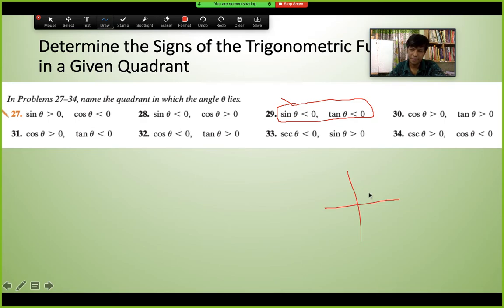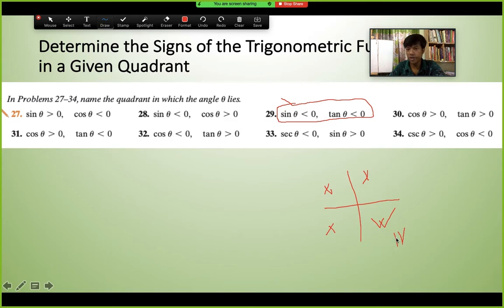Think about it. This one is not possible, because in this quadrant sin theta is positive. This one is also not possible, because in this quadrant tan theta is positive. This one is also not possible, because in this quadrant everything is positive. So this quadrant is the answer, that means quadrant 4.